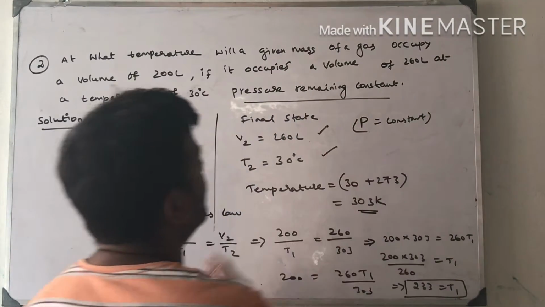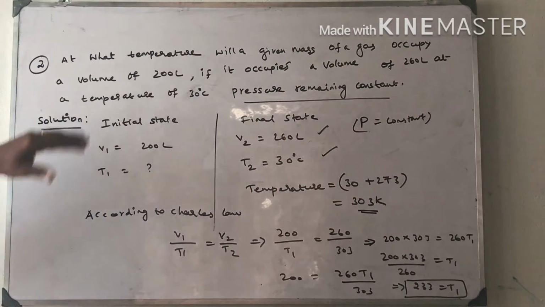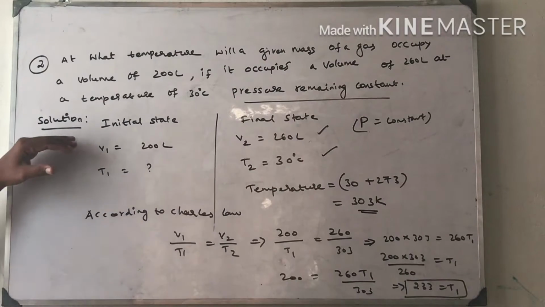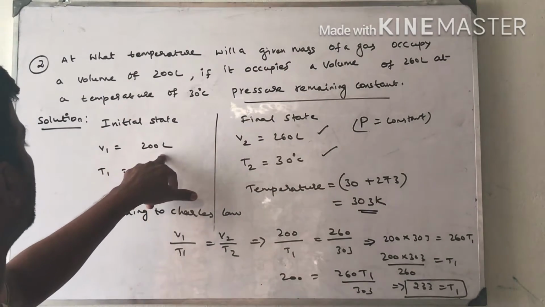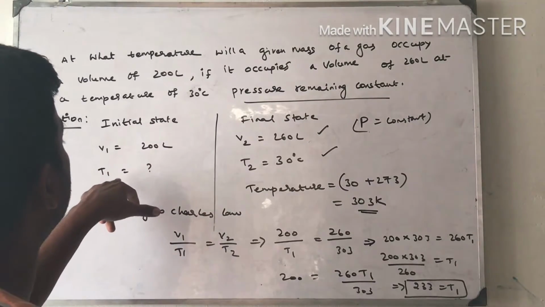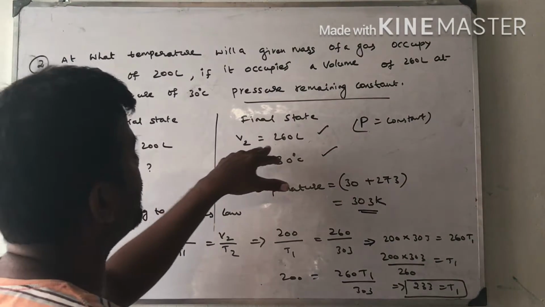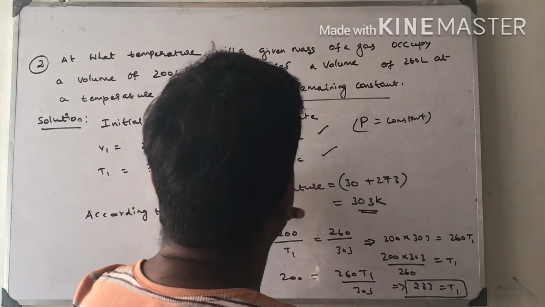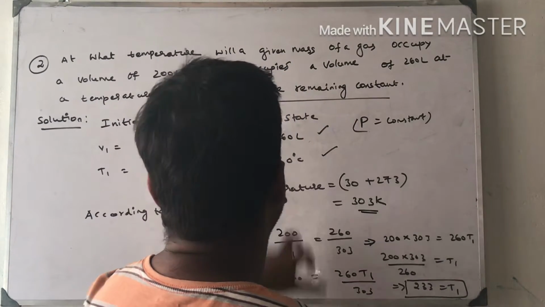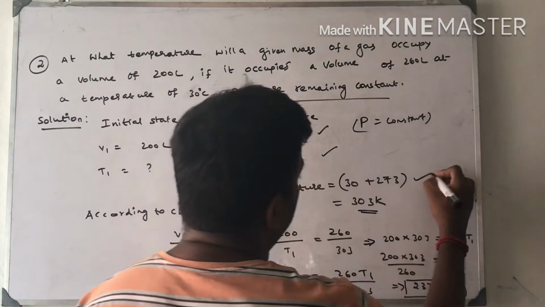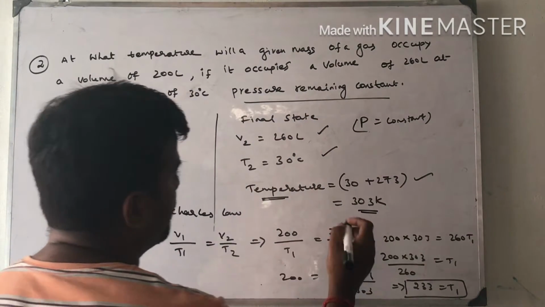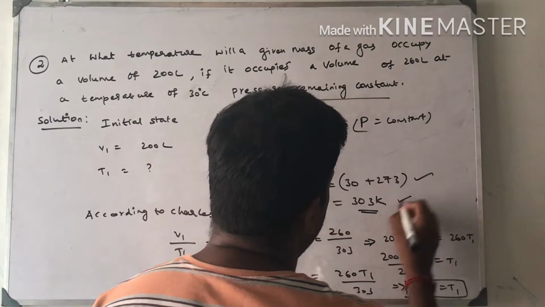Now we have to explain the question. First read the question. Then write what things are given in the question. Initial state V1 is equal to 200 liter, volume given, temperature not given. Final state V2 is equal to 260 liter, T2 is equal to 30 degrees Celsius. We converted Celsius into Kelvin: 30 plus 273 is equal to 303 Kelvin.